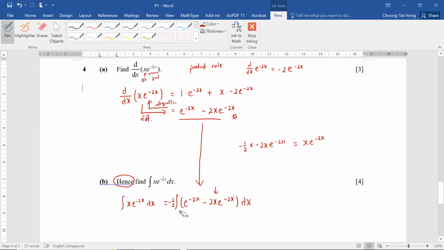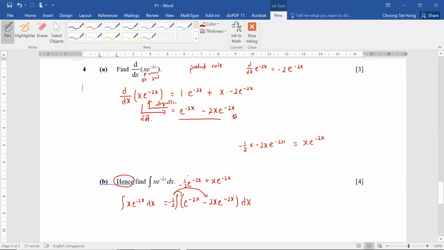Now we need to see what's going to happen. What do we have on the right side now? If I multiply this one inside, I will get negative half e to the power of negative 2x. If I multiply negative half to this, then of course I will get what I need. But now I have an extra negative half times e to the power of negative 2x over here, an extra term.